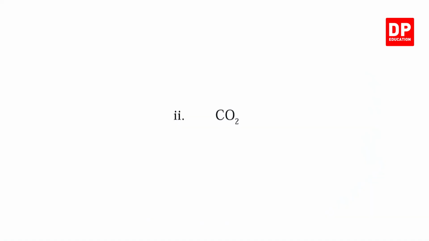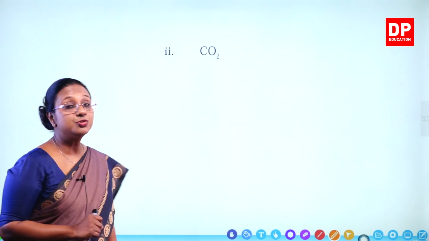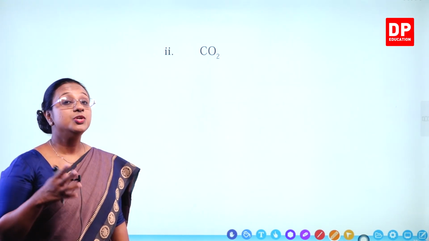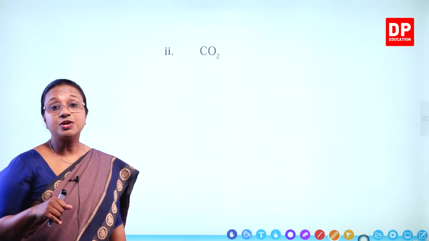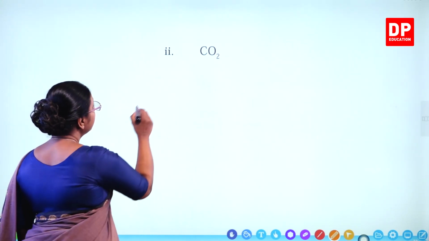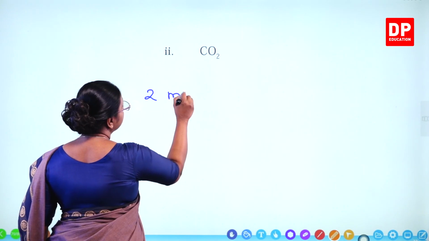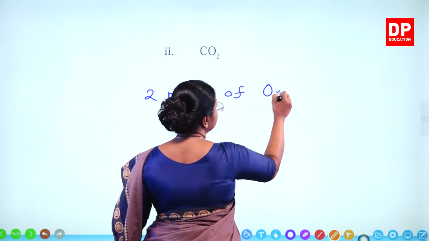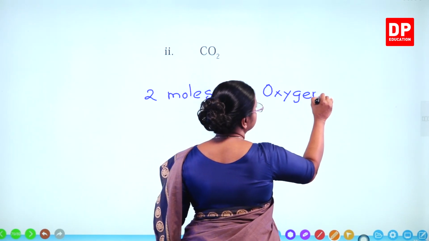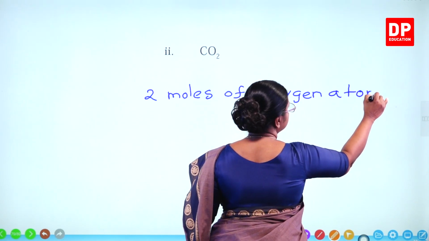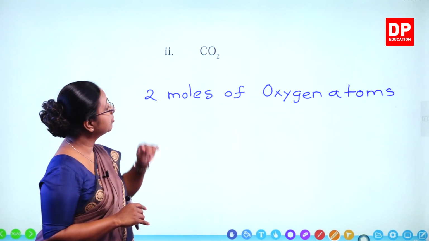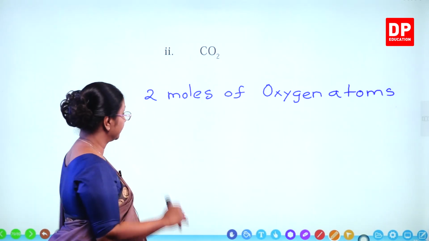carbon dioxide. Now you know there are 2 oxygen atoms in 1 carbon dioxide molecule. So how many moles of oxygen are there? There are 2 moles of oxygen atoms. That is how you calculate 2 moles of oxygen atoms.